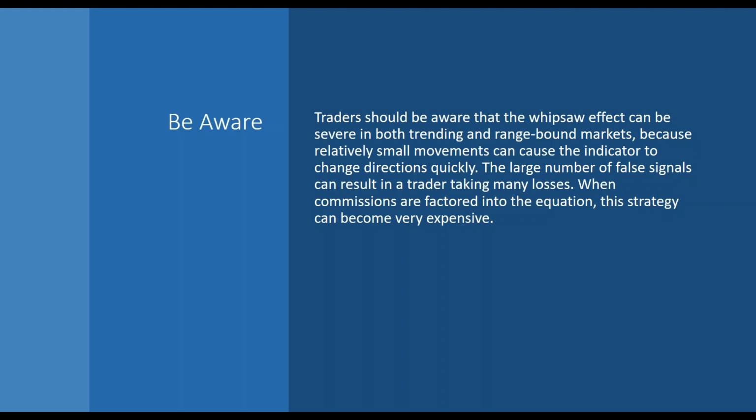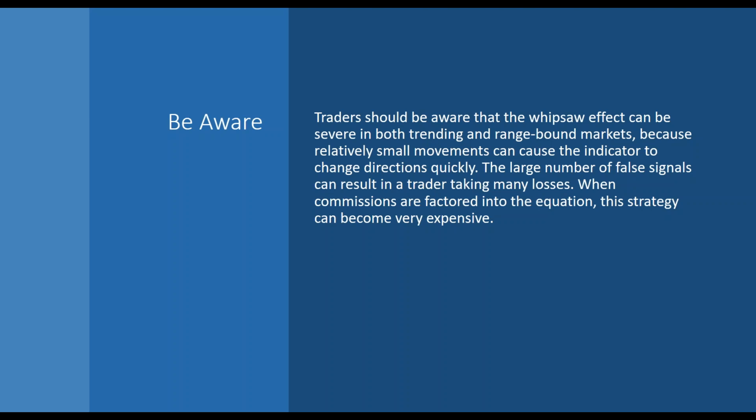Traders should be aware that the whipsaw effect can be severe in both trending and range-bound markets because relatively small movements can cause the indicator to change directions quickly. The large number of false signals can result in a trader taking losses. When commissions are factored into the equation, the strategy can become very expensive.